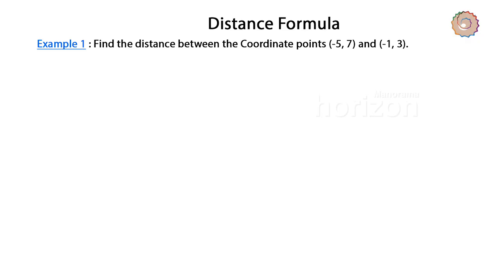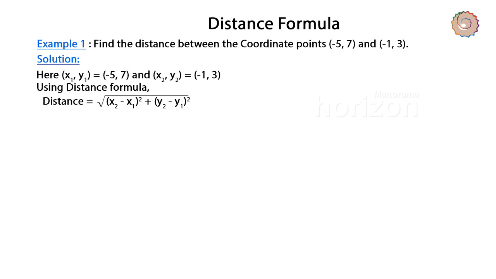Find the distance between the coordinate points (-5, 7) and (-1, 3). Here (x1, y1) equals (-5, 7) and (x2, y2) equals (-1, 3). Using the distance formula, the distance will be root of (x2 minus x1) whole square plus (y2 minus y1) whole square.